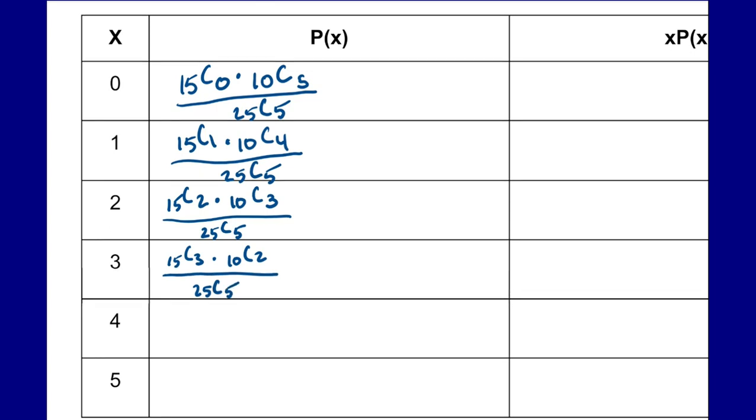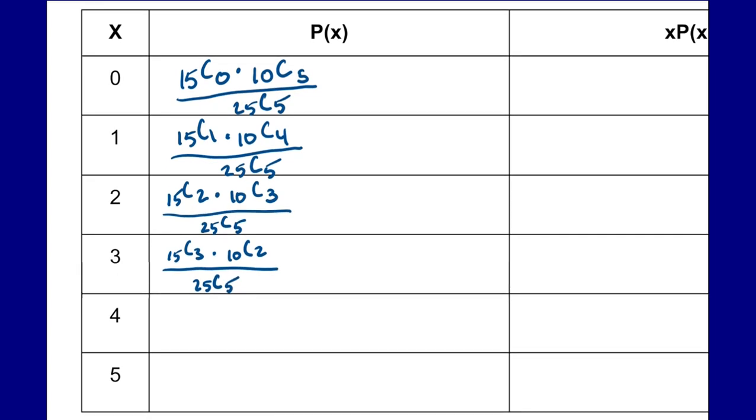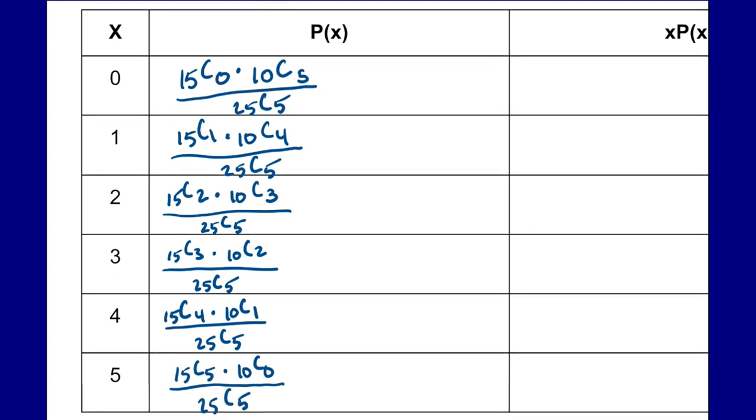I'm going through this calculation over and over again just so you have that repetition, so you can see how it plays out. So 15 choose 4 times 10 choose 1, divided by 25 choose 5. And finally, 15 choose 5 times 10 choose 0, divided by 25 choose 5.